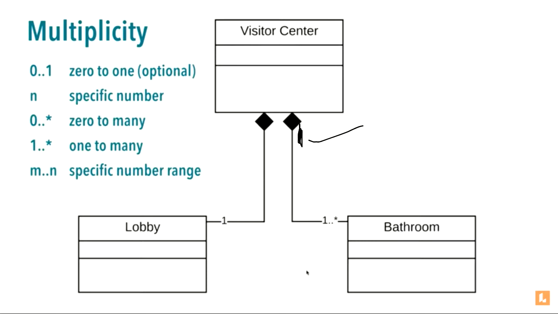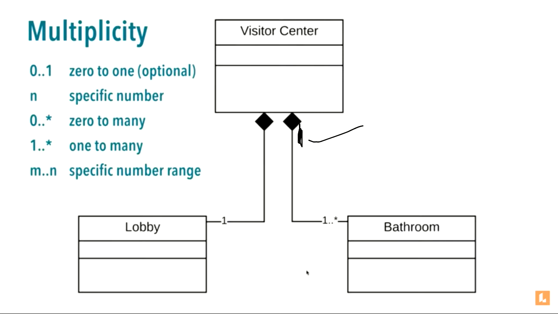Is it not understandable? Bathroom has one visitor center. Yes, right, good job, everyone, all 47 students. And each bathroom has one visitor center. There is one bathroom in visitor center.